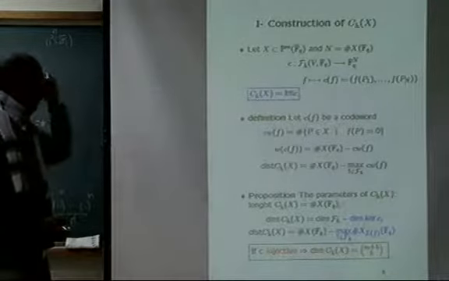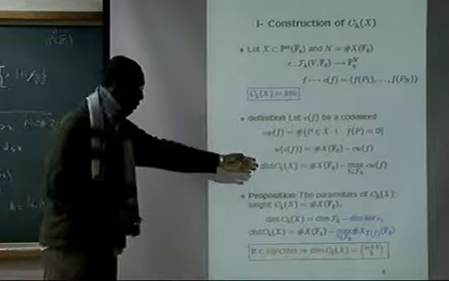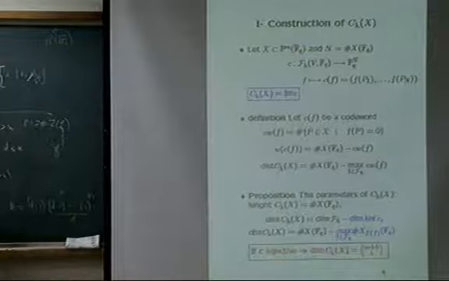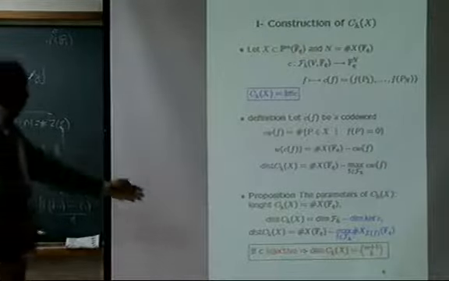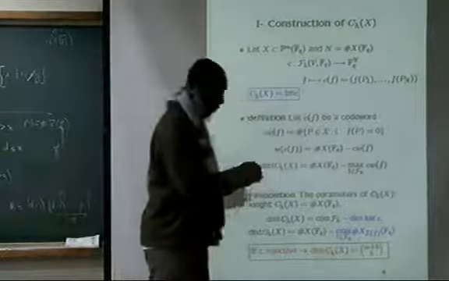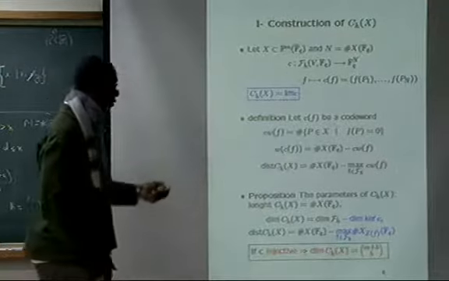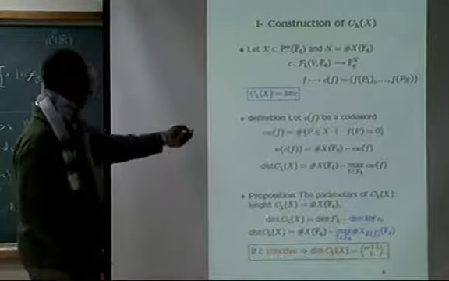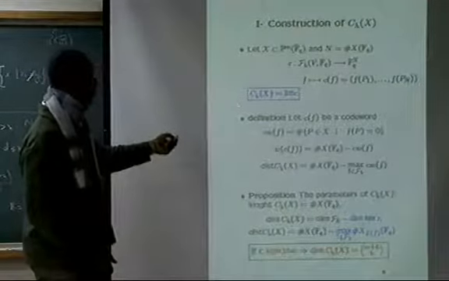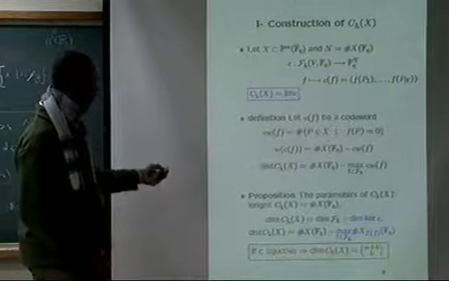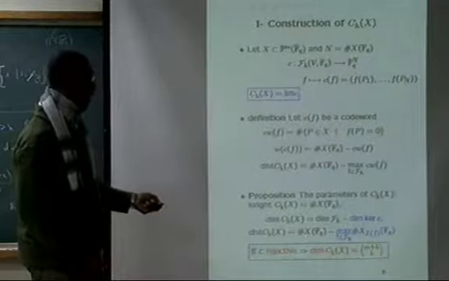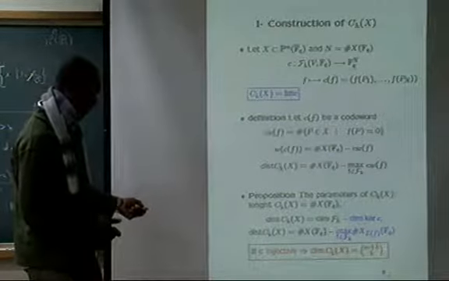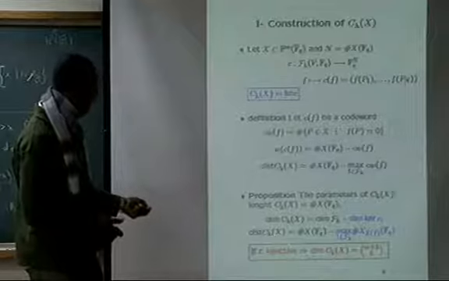The minimal distance is the difference between N and the maximal co-weight. The length of the code, n, is the number of points of X. The dimension is the dimension of this vector space, given by a result in undergraduate linear algebra.